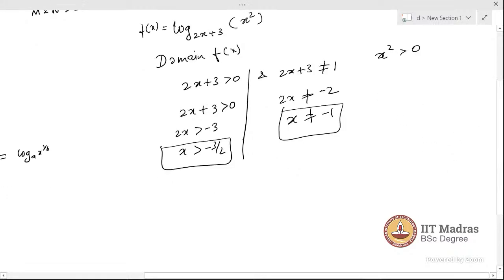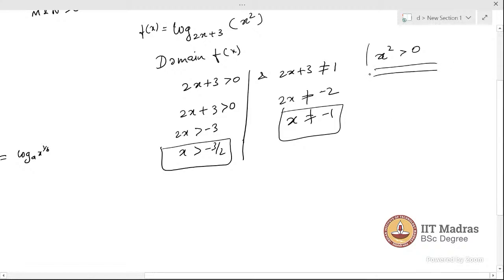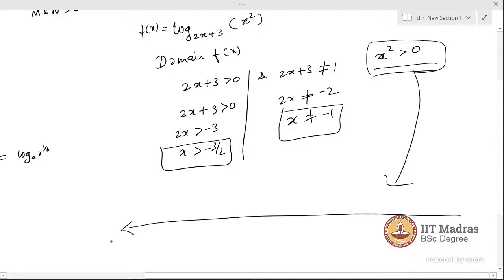Now, how will I find the domain? I'll just draw a real line from minus infinity to plus infinity. From this data, I can understand it can take all values except 0. Also from here, I can understand it can take only values which are greater than minus 3 by 2.